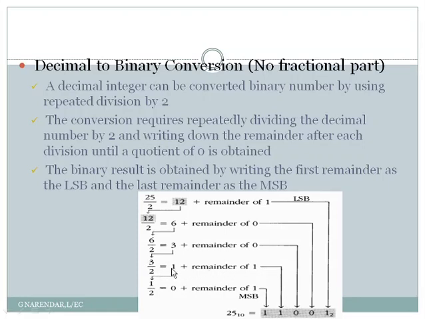Next, this quotient 1 should be taken and divided by 2. Here you will get a quotient of 0 and a remainder of 1. This repeated division is to be continued until you get the quotient as 0.